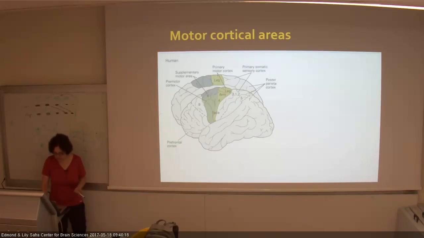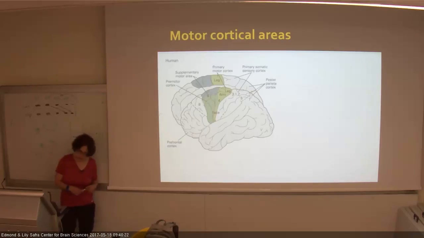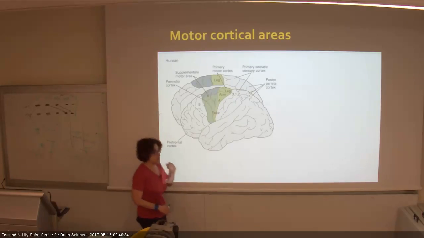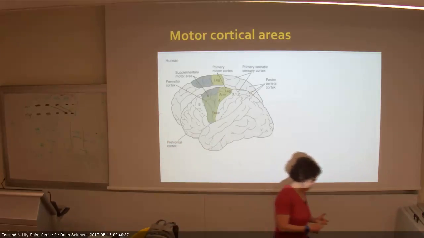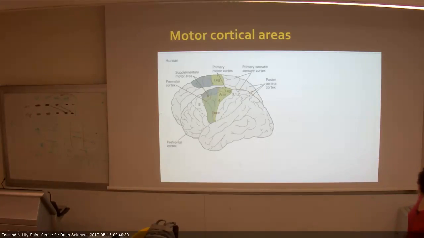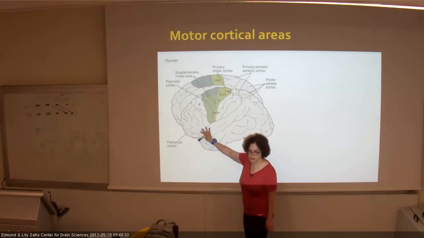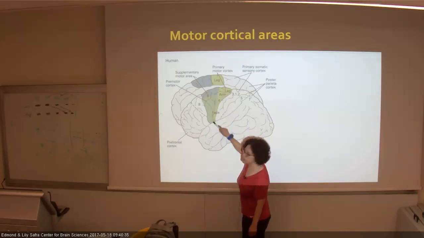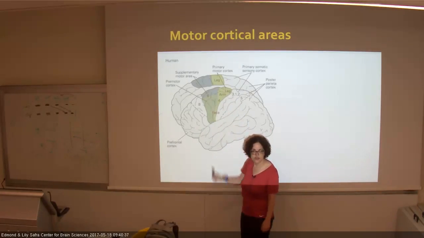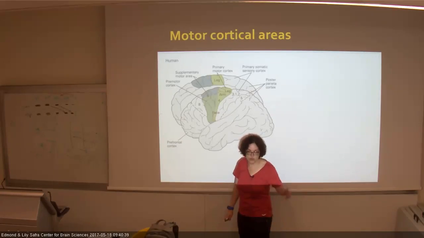So which are the motor cortical areas that are responsible for 60% of the input to the pyramidal tract? This is the brain of humans. What is this sulcus? The central sulcus, okay.